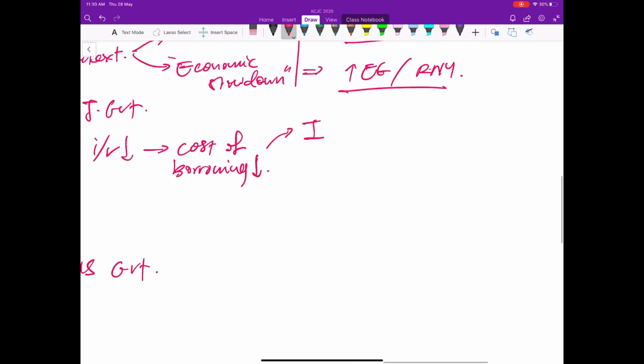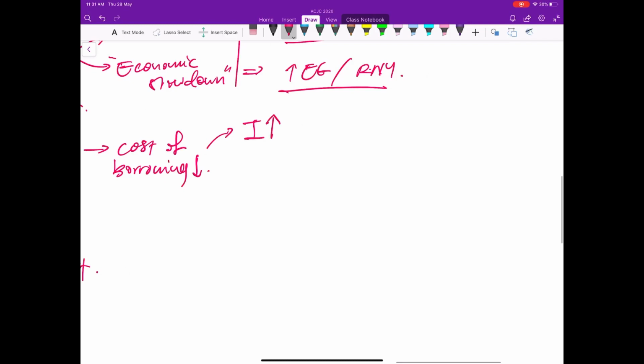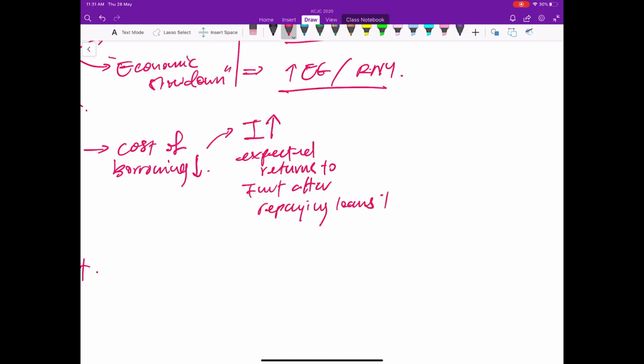From an investment's perspective, investment is likely to go up because expected returns to investment after repaying loans will likely increase. So investors are more willing to invest.